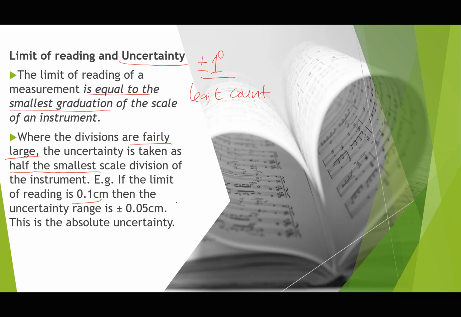So if the limit of a reading is 0.1 centimeters, then the uncertainty could be half of this value, which when you divide, you get 0.05 in centimeters. This is sometimes called the absolute uncertainty because it will always have the same unit as the measured value itself. How about digital instruments?